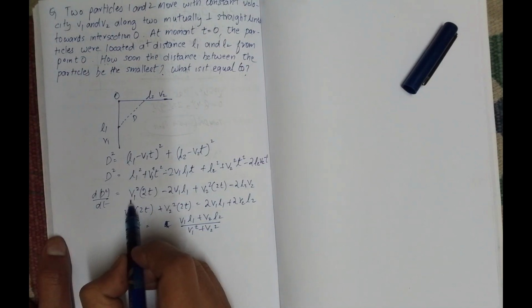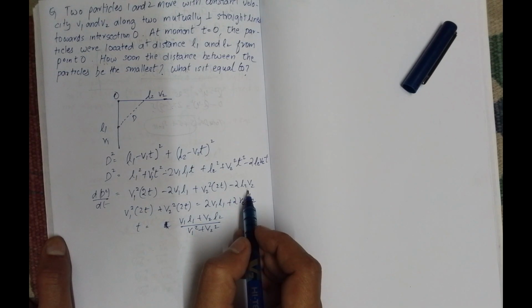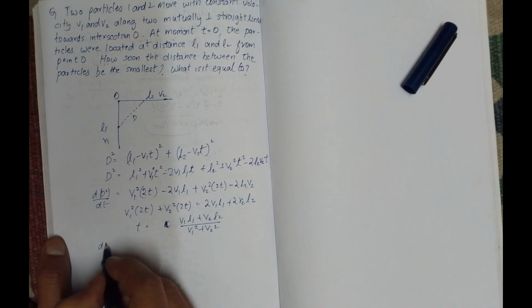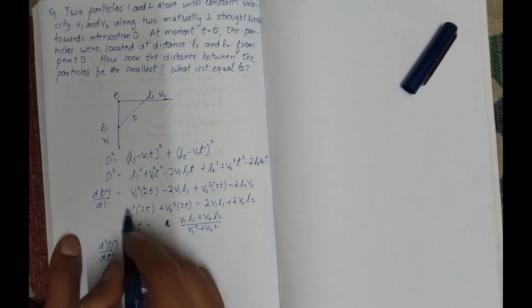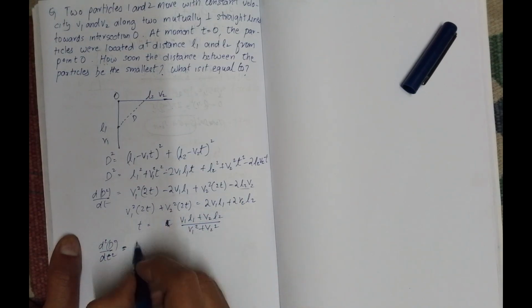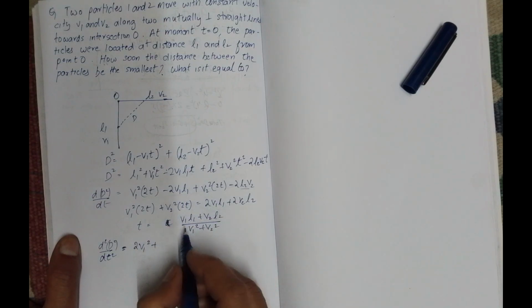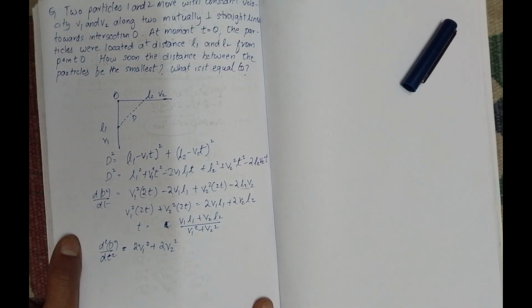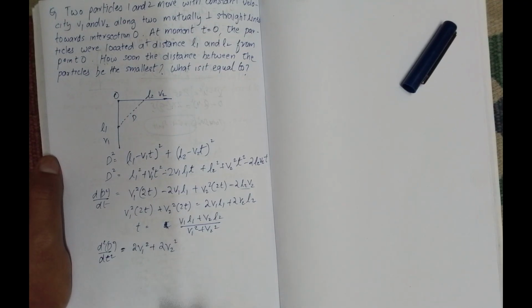Now suppose I further differentiate this with respect to time, what do I get? d square by dt square will be equal to, I'm differentiating this with respect to time, 2v1 square plus 2v2 square. So v1 and v2 are squared, and this is always a positive thing.